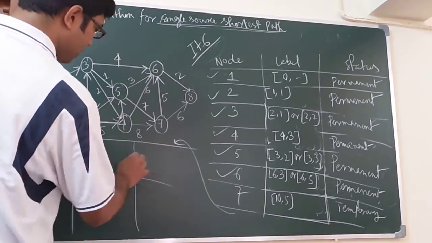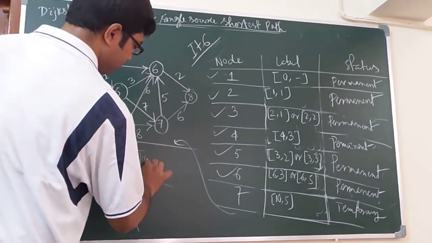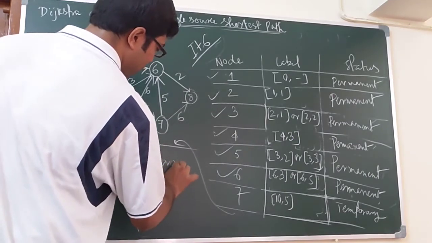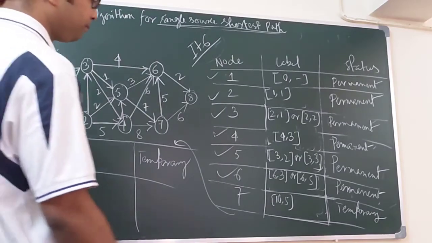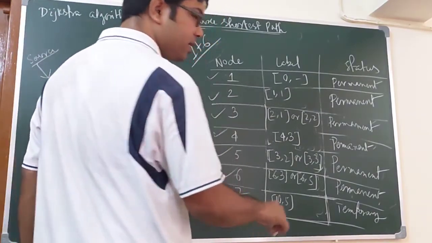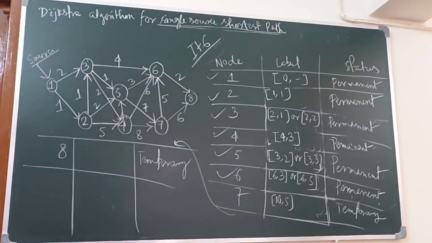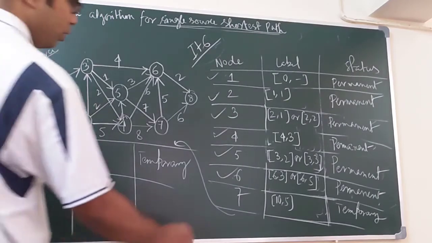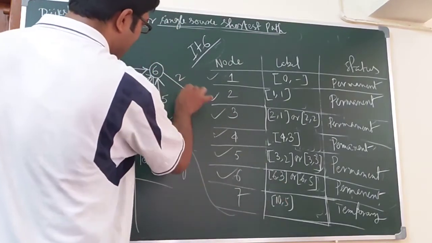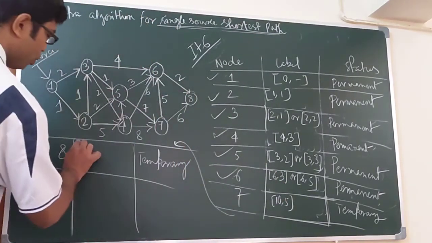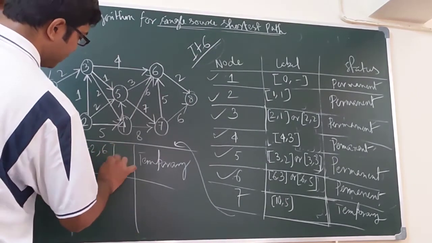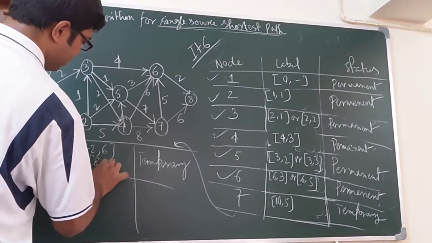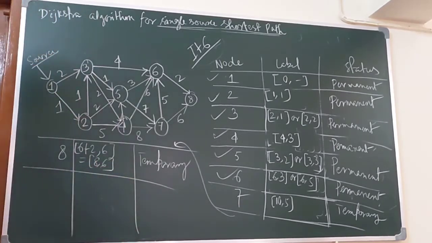Initially node 8 is made temporary. The value will be 6 as it can be accessed via the 6th node, so 6 plus the distance via the 6th node, that is 8, 6. Clear?